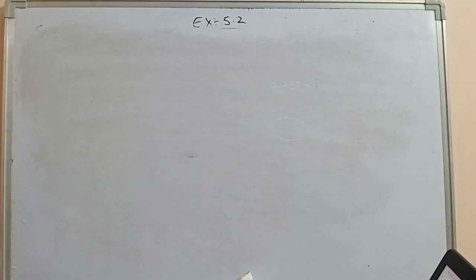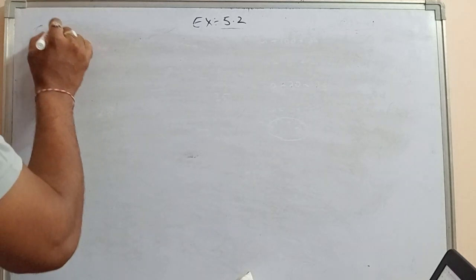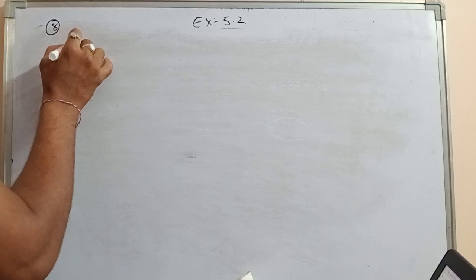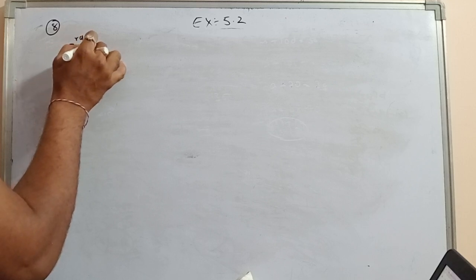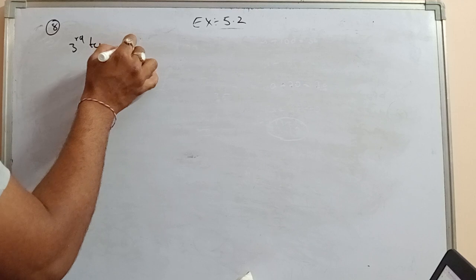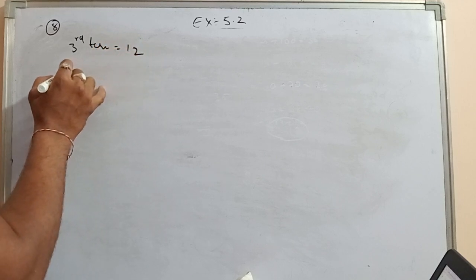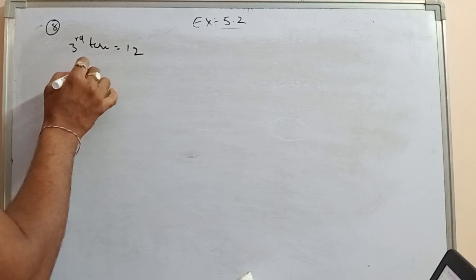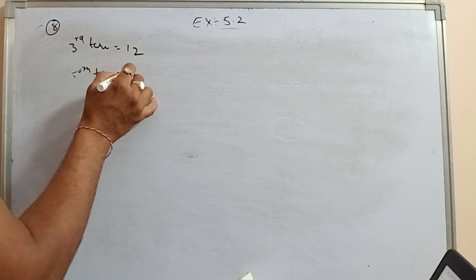An arithmetic progression consists of 50 terms in which the third term is 12 and the last term is 106. Find the 29th term. The third term is 12 is given, and the last term, the 50th term, is 106.